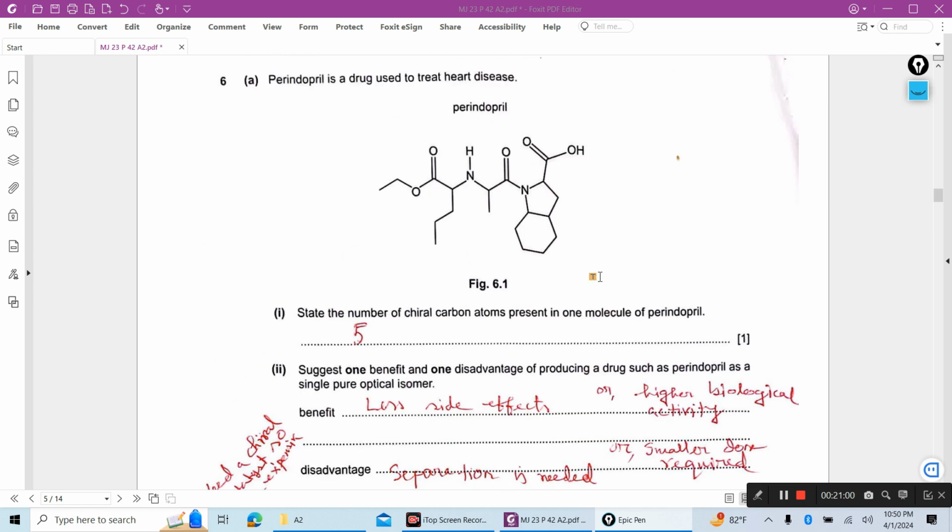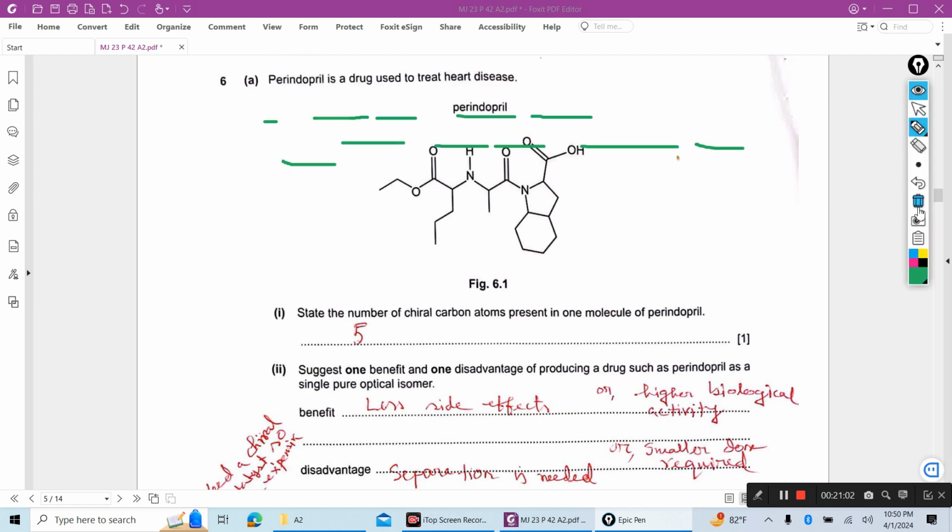As here is the ester functional group, this part will be CH3CH2OH, ethanol, sorry, here 2 carbons will be ethanol.